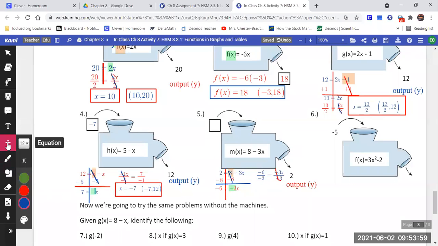How would I say my final answer for this? What is a negative 6 divided by a negative 3?